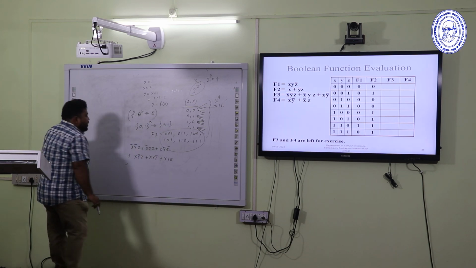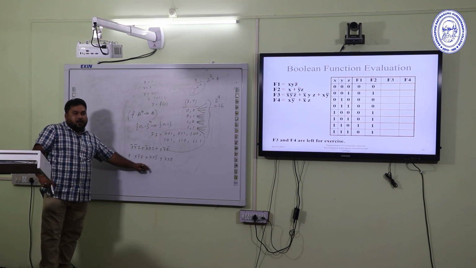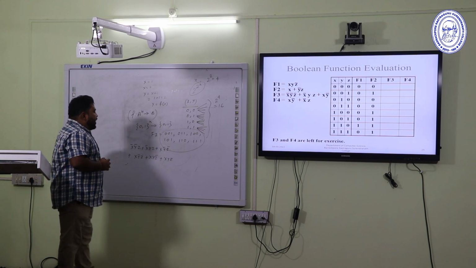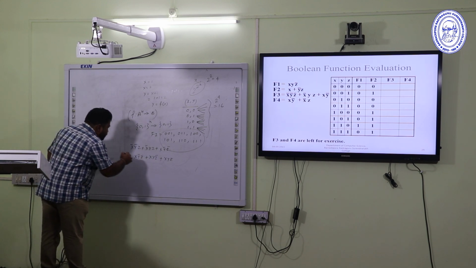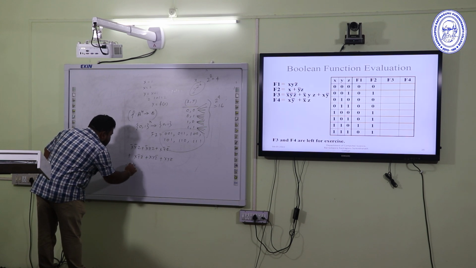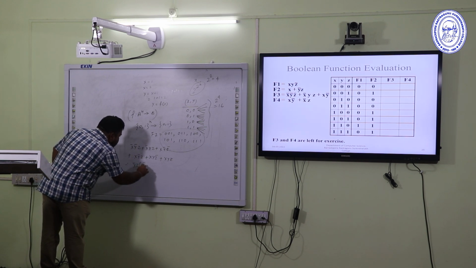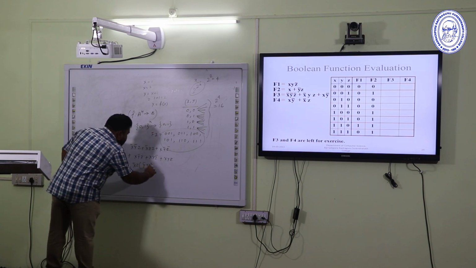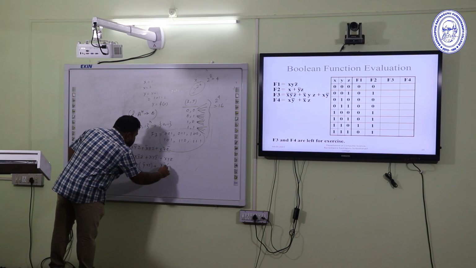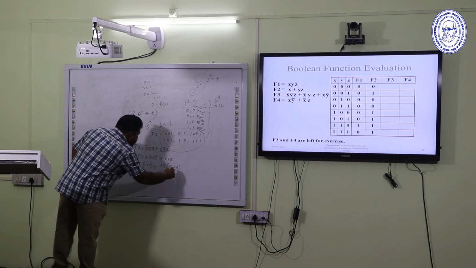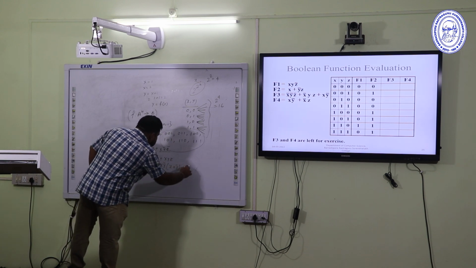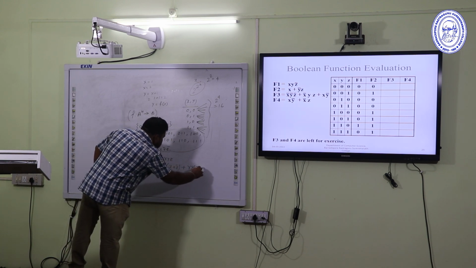From that, if we evaluate this expression, we can get x plus y prime z. How? Taking x prime z times y prime plus y, then x y prime times z plus z prime, plus x y times z plus z prime.